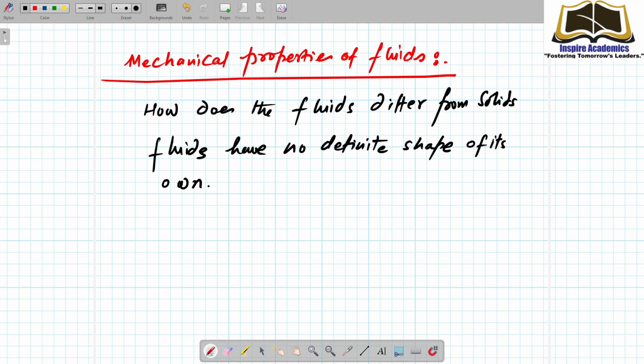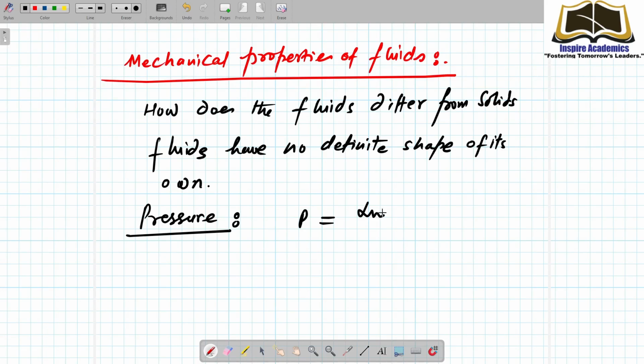Let's talk about pressure. So how do we define pressure? We already defined it in the earlier discussion.